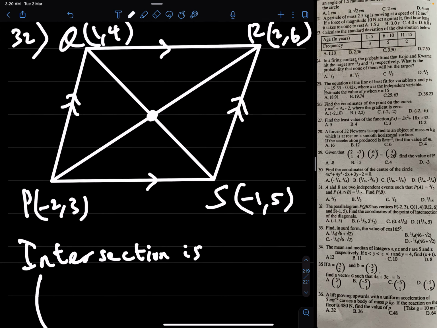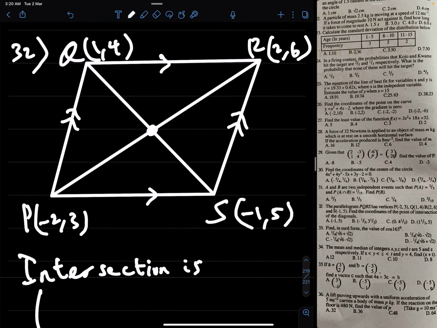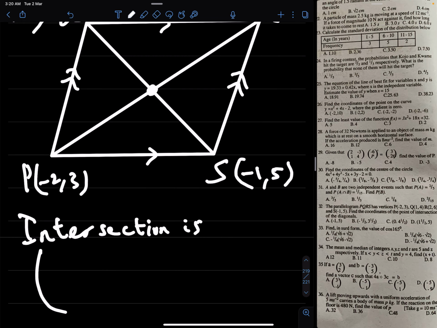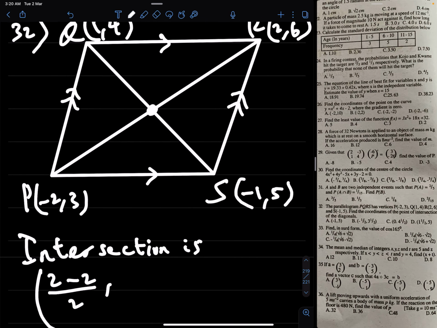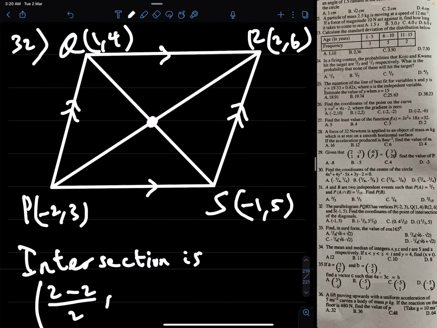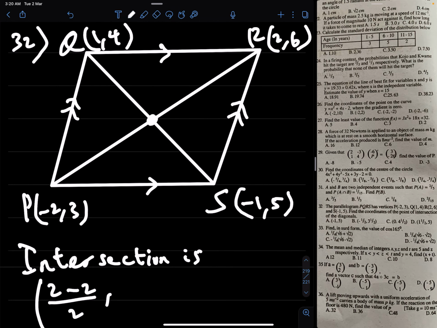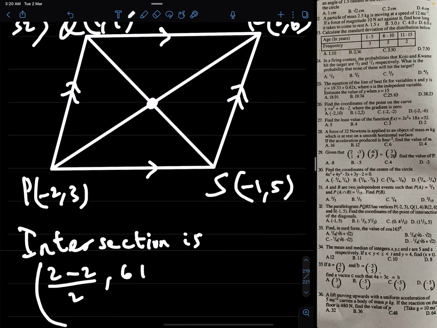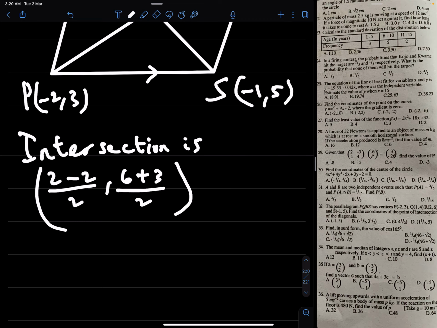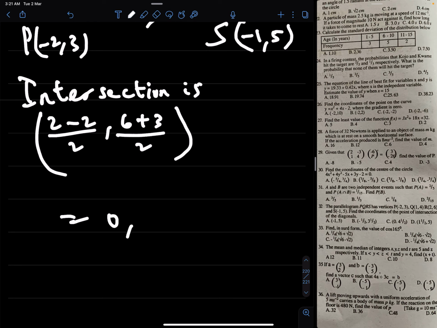So that's half of x1 plus x2, which is 2 plus minus 2, that's 2 minus 2, and then half of y1 plus y2, which is 6 plus 3 over 2. And that's simply 0 and 9 over 2.